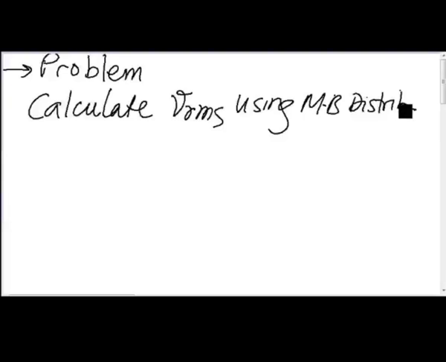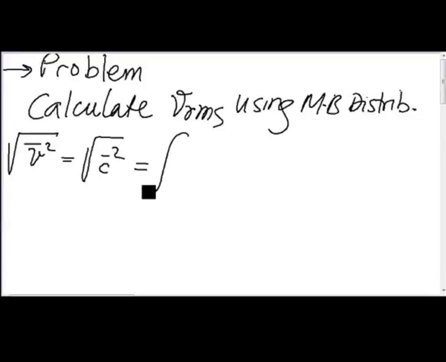So we know already the equation of the Maxwell-Boltzmann distribution. So from here, we would like to count the v square. So root mean square is actually this, like this, isn't it?